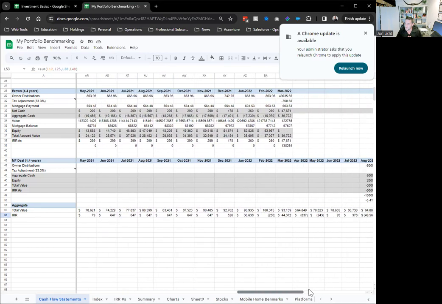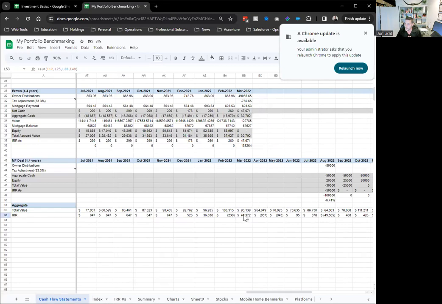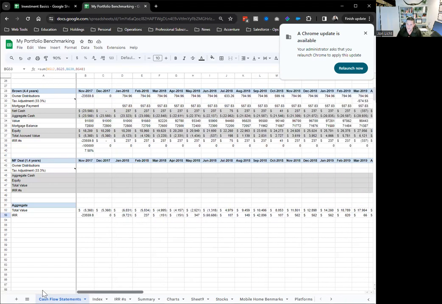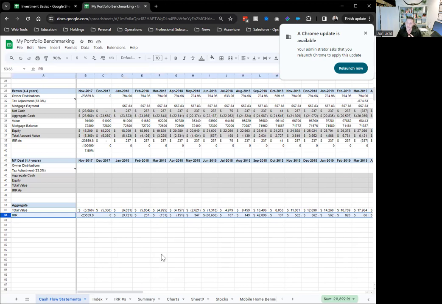What else is interesting? This year I sold a house, so I'm getting a bunch of cash. This year I refinanced two houses, so big cash inflows in this year. I did another investment this year, so this is just an aggregate of my portfolio, the cash in and cash out. So that's where you get that 33%.